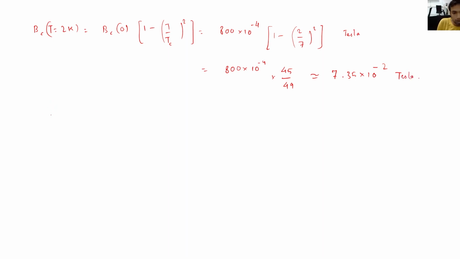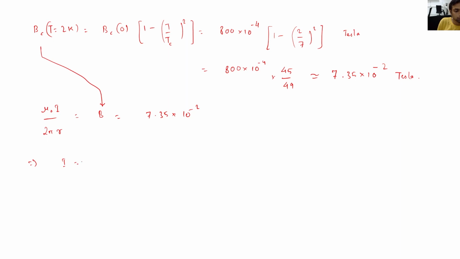Now we know that R is equal to V. So this we have to put here: 1.35 into 10 to the power minus 2.